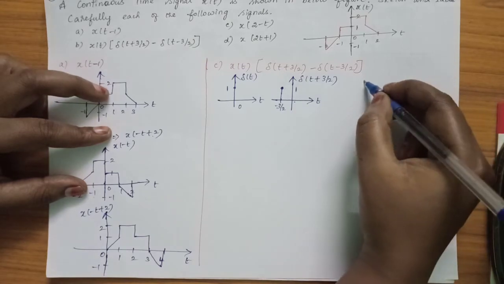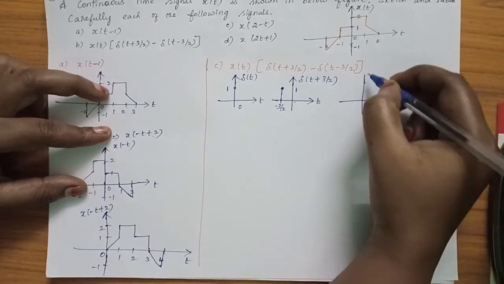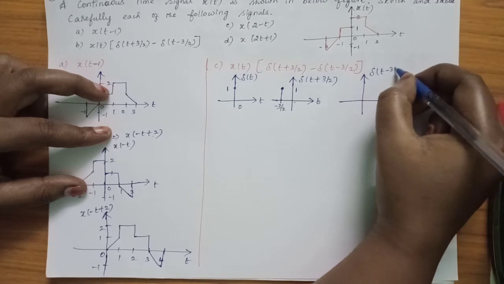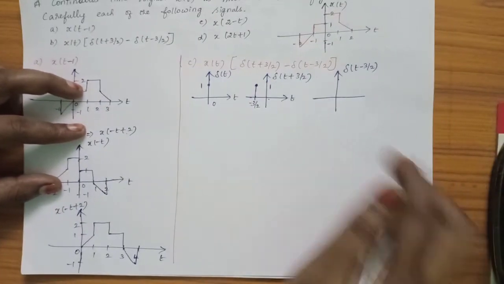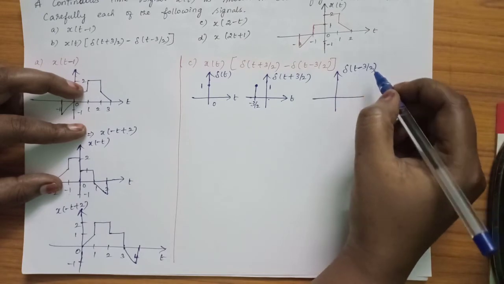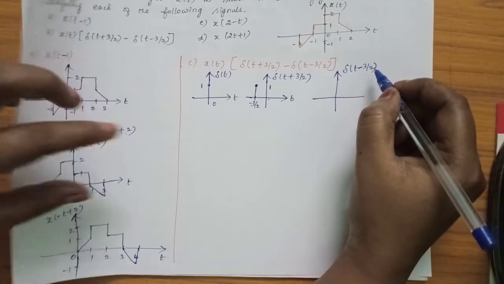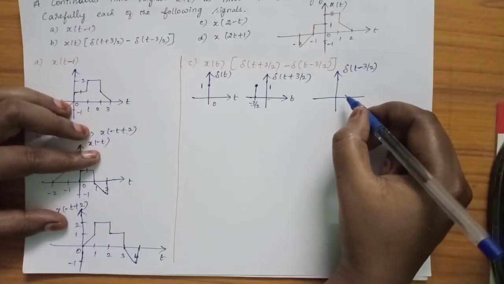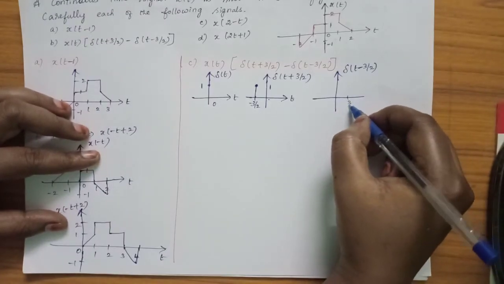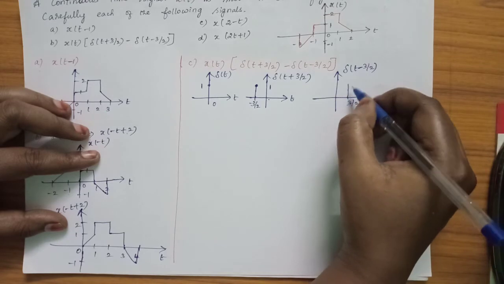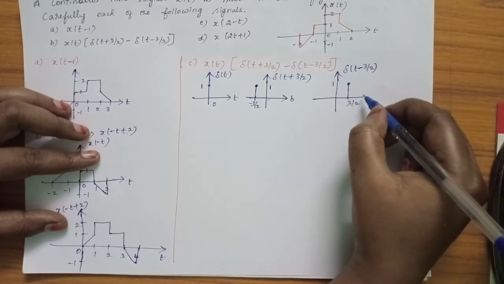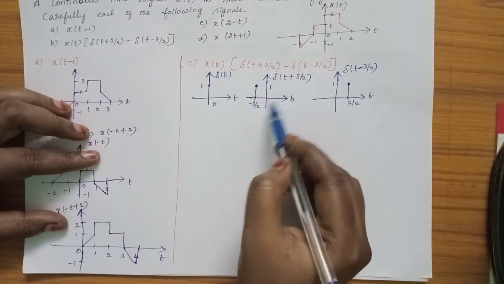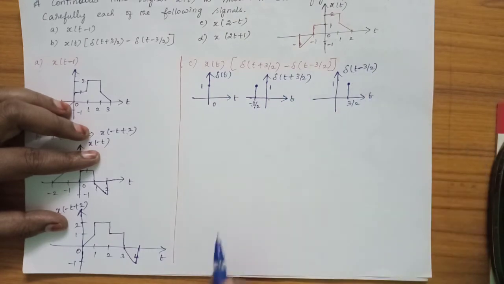Okay, and del of t minus 3 by 2. For t minus 3 by 2 we need to add 3 by 2 to the time limit, so the signal will be shifted towards the right side. This is del of t plus 3 by 2, this is del of t minus 3 by 2.